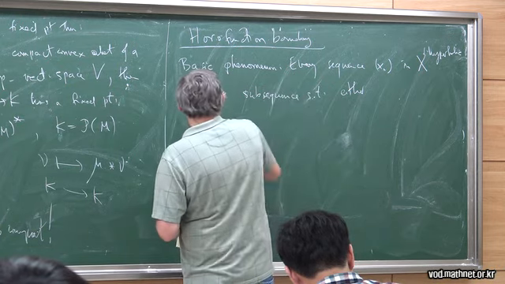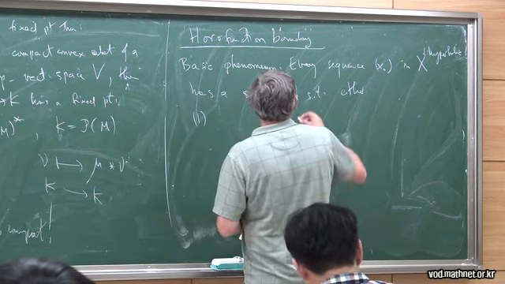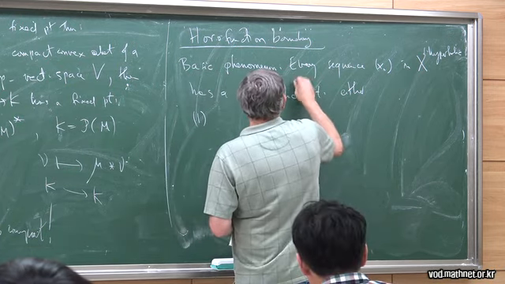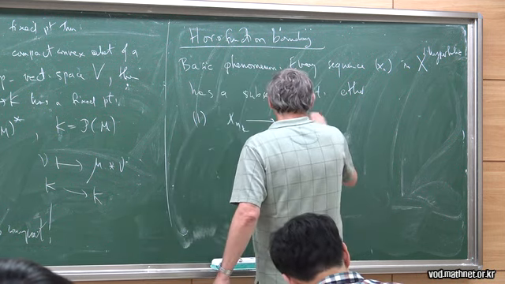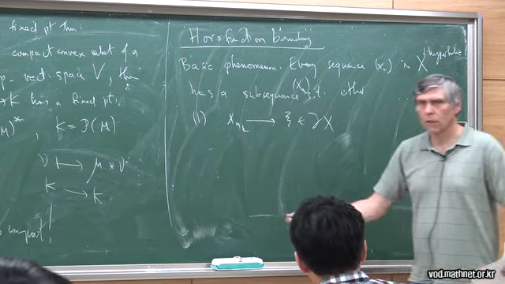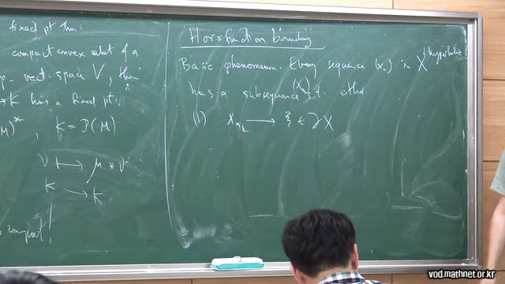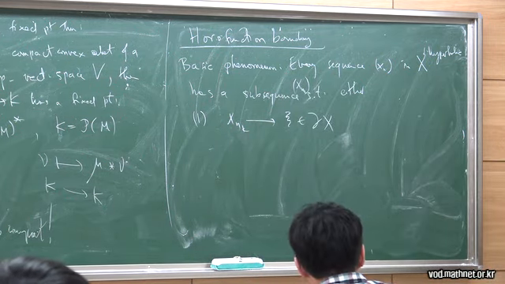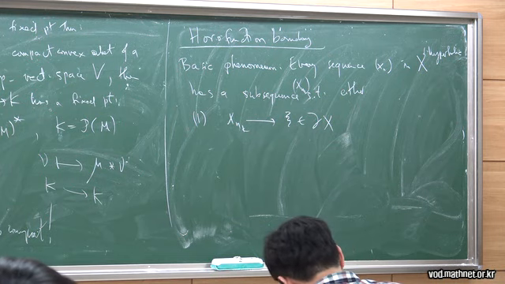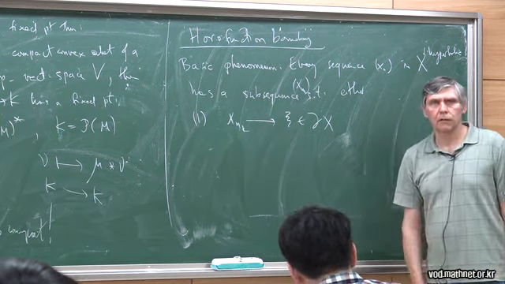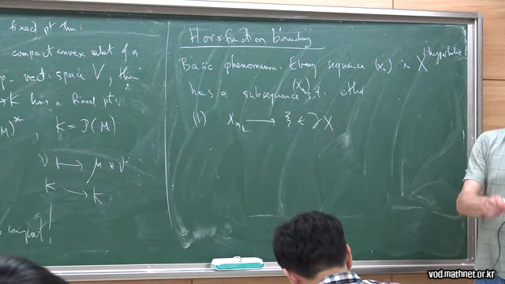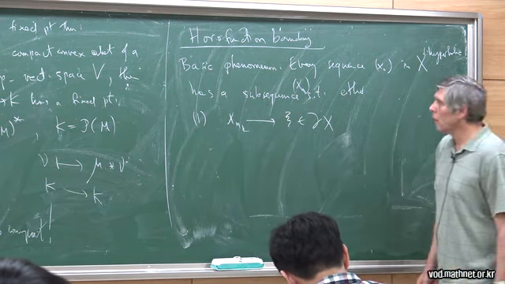The first thing is that the subsequence, let's call it x_{n_k}, converges to some point in the boundary of X. That's good. In the locally compact situation, if X is like a hyperbolic plane, this will always happen unless the sequence is bounded. And if it's bounded, then you can take a subsequence so it converges to a point in the hyperbolic plane.